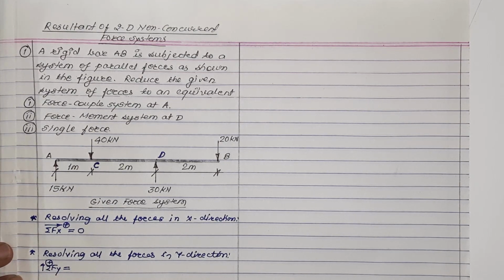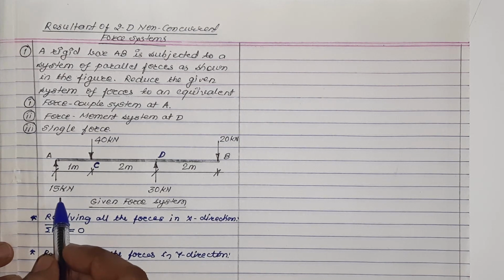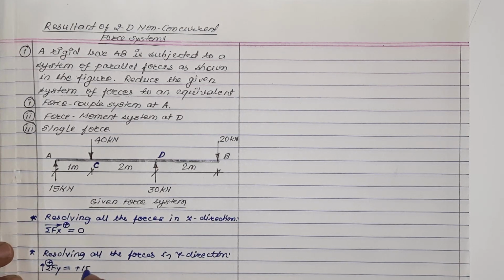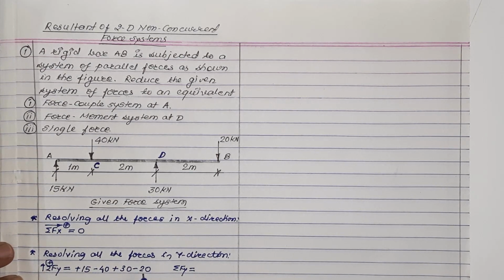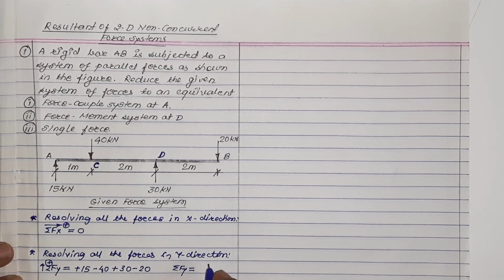So, this is going to be equal to positive 15, negative 40, positive 30 and negative 20. So, this comes out to be summation Fy equals 15 minus 40 plus 30 minus 20. So, it comes out to be minus 15 kilonewton.